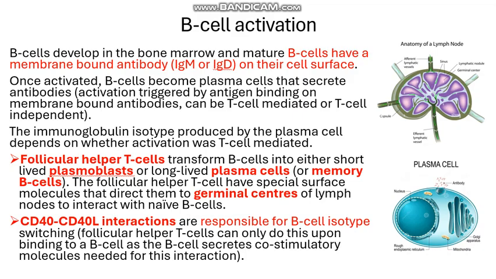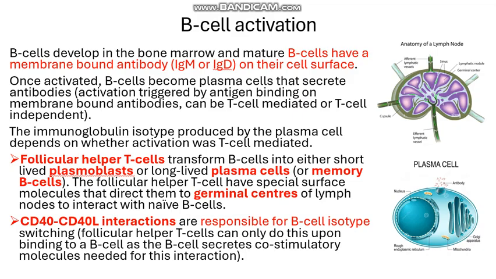The immunoglobulin isotype produced by the plasma cell depends on whether activation is T cell mediated, like we just said. Follicular helper T cells are the antigen presenting cells to these maturing B cells. They transform B cells into either short-lived plasmablasts, long-lived plasma cells, or memory B cells.